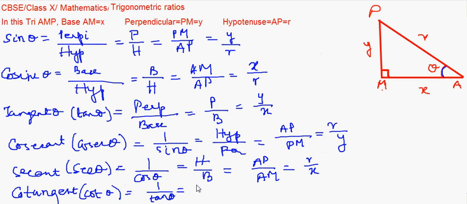So it is base by perpendicular, which is AM by PM, which is X upon Y. These are the basic 6 trigonometric ratios. First and foremost, you get questions based on these 6 trigonometric ratios.